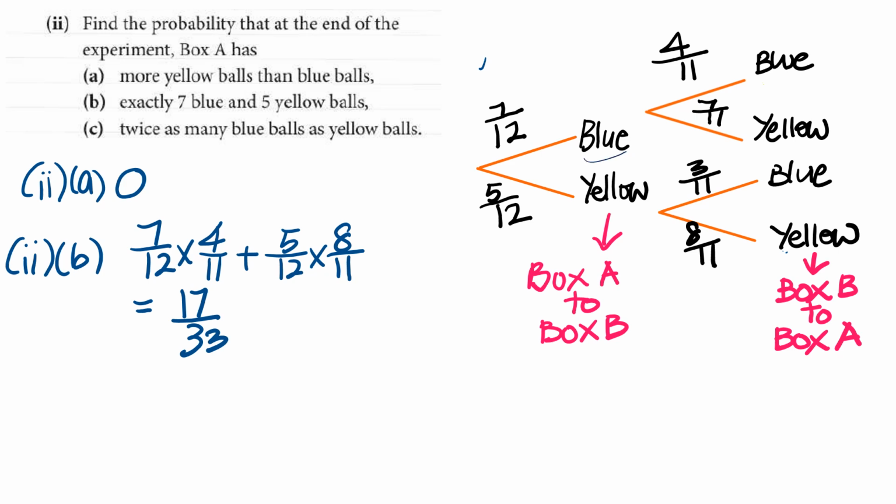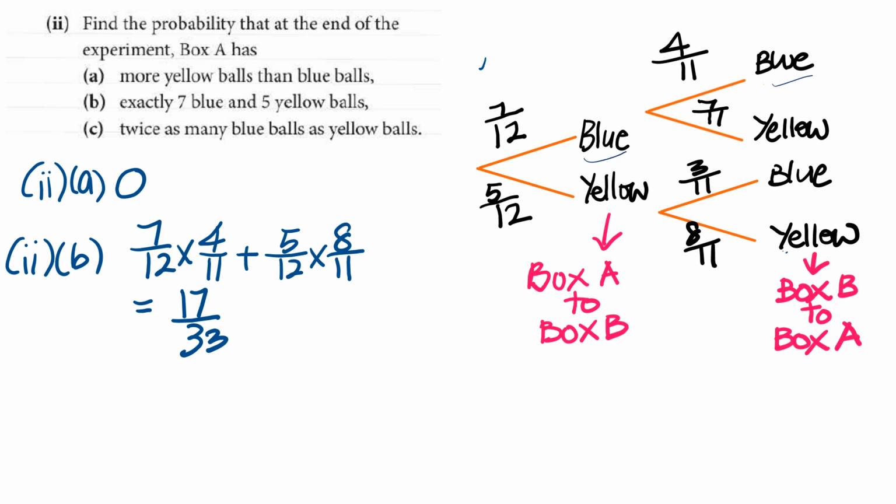Try to imagine you are taking a blue from box A and putting it in box B, you're left with 6. And then box B now has 4 blue.